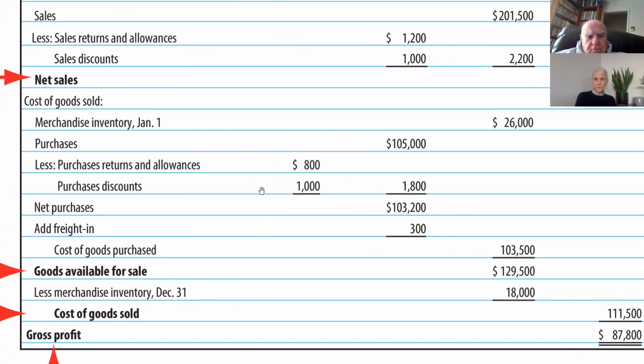Now, in future chapters, like the last 3 chapters of the book, we're going to be working with a perpetual inventory system. And I bet you're familiar with that. In a perpetual inventory system, you're recording both the sale and the cost of sales at the point of the sale. So theoretically, you know every second of every day how much is left in your inventory and what your cost has been.